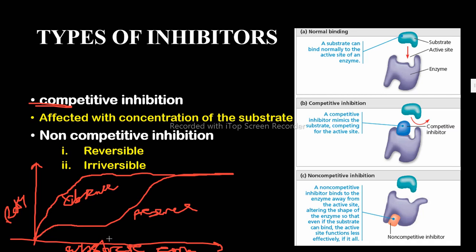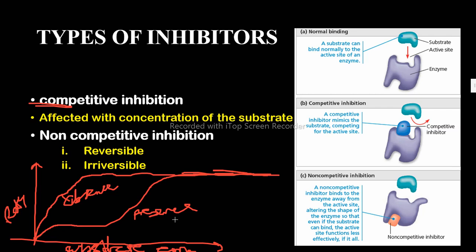But when finally the concentration of substrate molecules increases, then the rate is going to increase and finally attain that maximum rate. Why? Because the substrate molecules will outweigh the inhibitors. Hence the rate of reaction is going to increase.